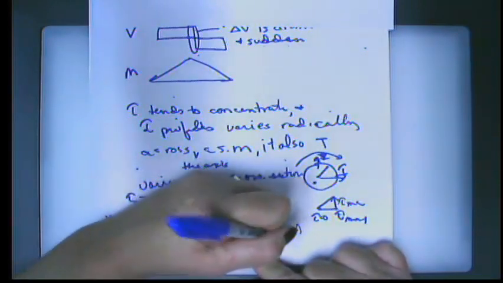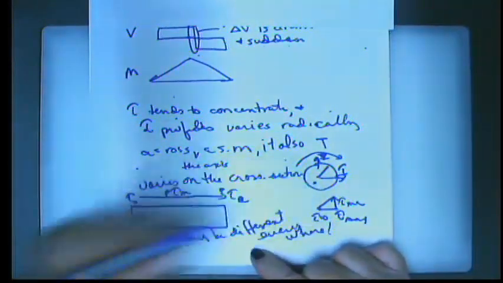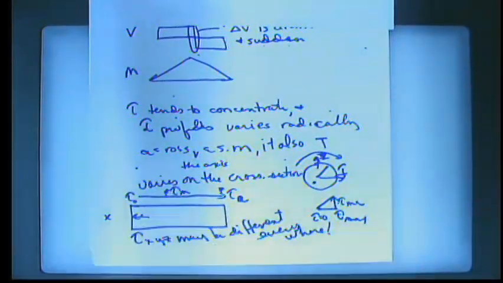As engineers, we are interested in tau everywhere, but we're especially interested in the biggest value of tau, because that's what our structure has to be able to support safely.